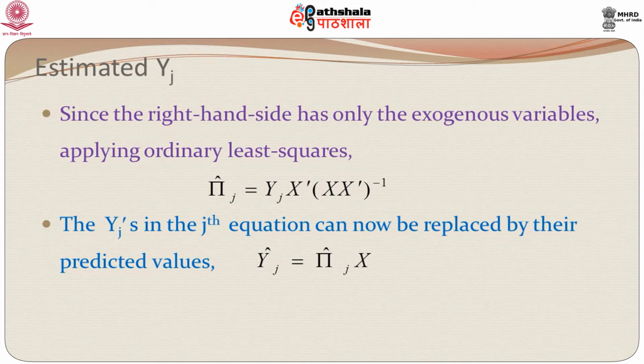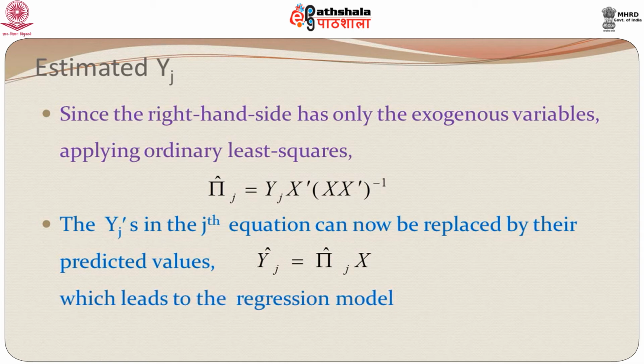So, instead of using the original Y's, we use the Y_j hats, and this changes the regression model to small y_j = Y_j hat' beta_j* + X_j' gamma_j* + u_j. So, what we have is simply the previous model with the Y_j replaced by the Y_j hats, and we will call this equation star.